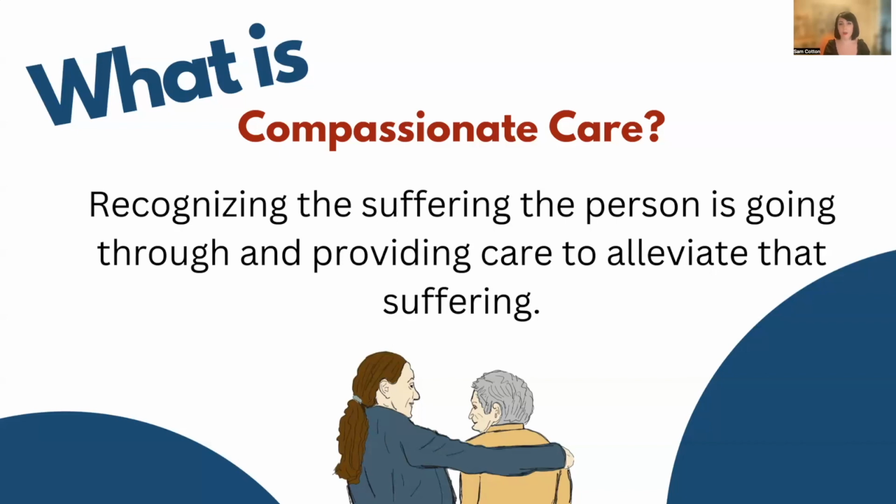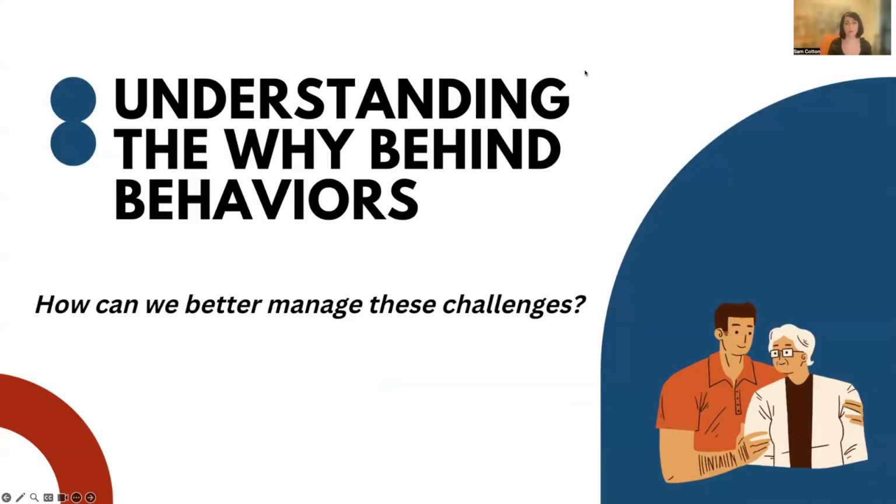Really thinking through all of those different changes that person's going through, that loss of independence, and how can we better provide care to them to acknowledge all of this journey that they're going through related to their Alzheimer's disease or other form of dementia diagnosis that they're dealing with.